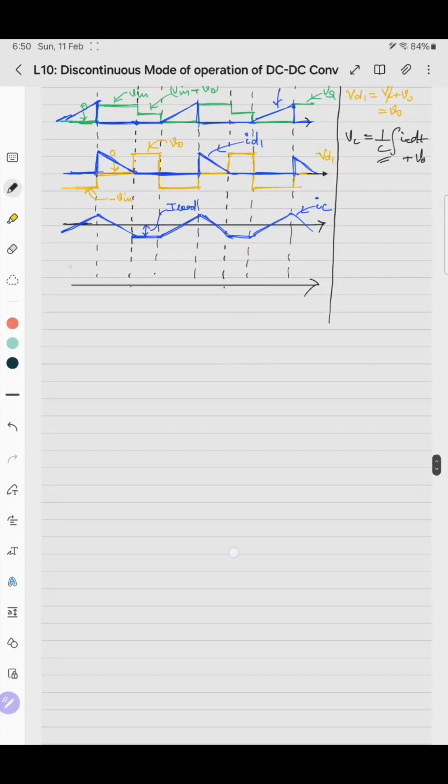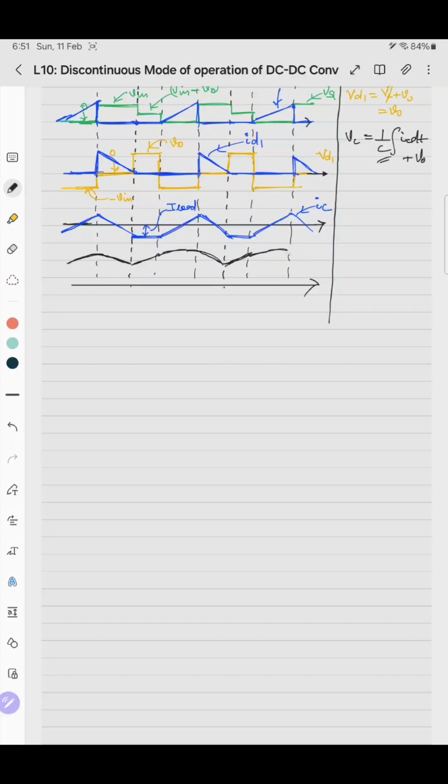Integration of a straight line is a parabola with positive curve, and for negative slope is negative curve, and for a zero or constant value it is a straight line. So a rising parabola, a falling parabola, and then a rising straight line.